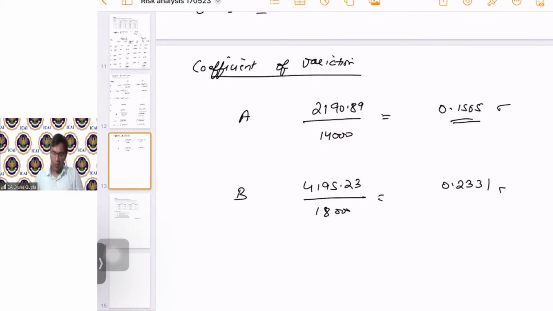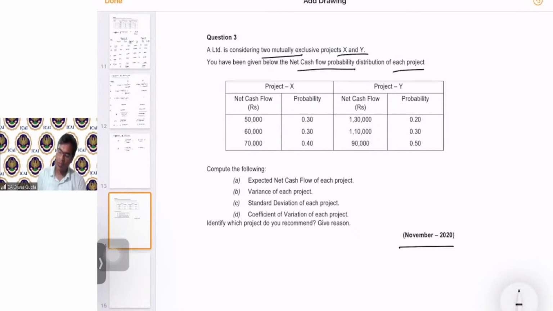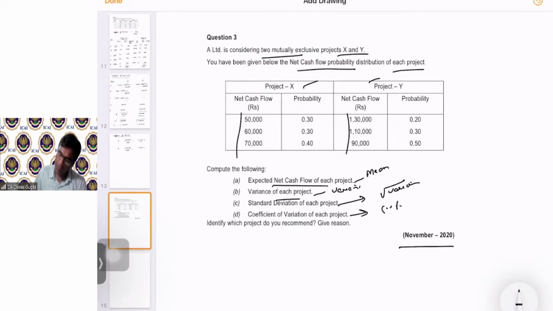So let's come to question number 3. Question number 3 has appeared in the November 2020 examination, hence it is of much use. This is very simple, right? A Limited is considering two mutually exclusive projects, X and Y. You have been given the net cash flow probability distribution of each project. Compute the following: expected net cash flow of the project, this is mean; variance of each project; standard deviation, the square root of the variance that we have calculated; and the last one is coefficient of variation.